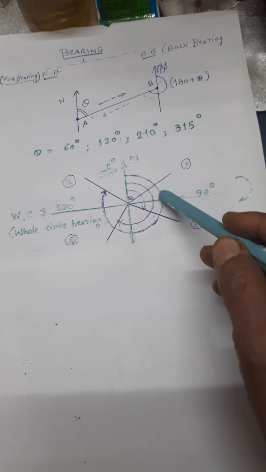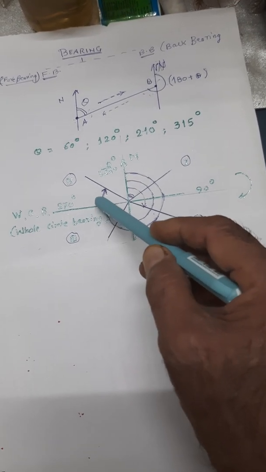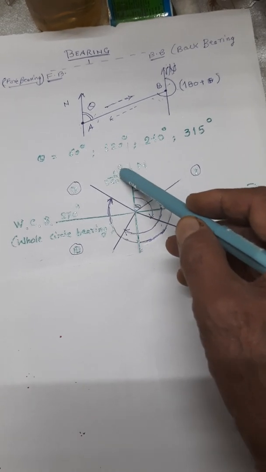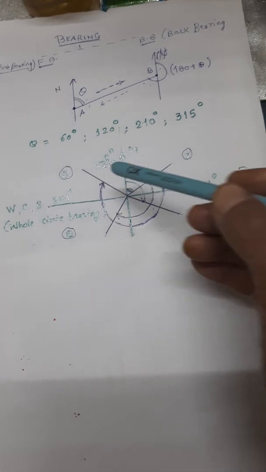This is 0 to 90, 90 to 180, 180 to 270, and 270 to 360 degrees. All the angles are measured from the north.